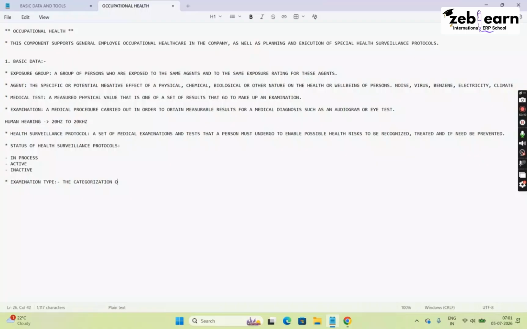The categorization of health surveillance protocols using the time period stipulated for performing or repeating these protocols.